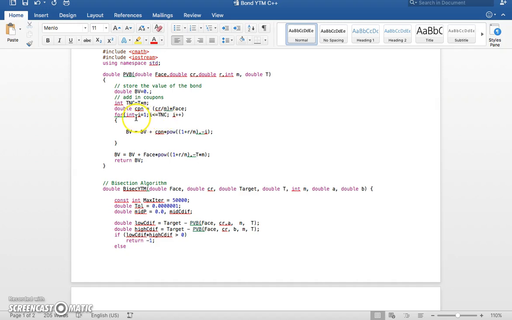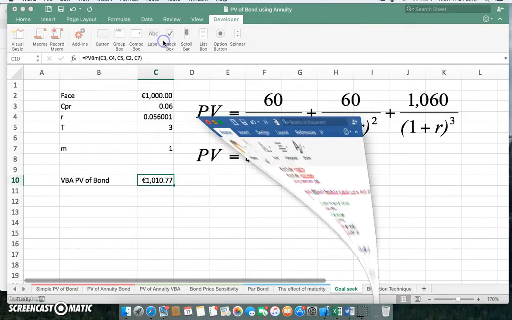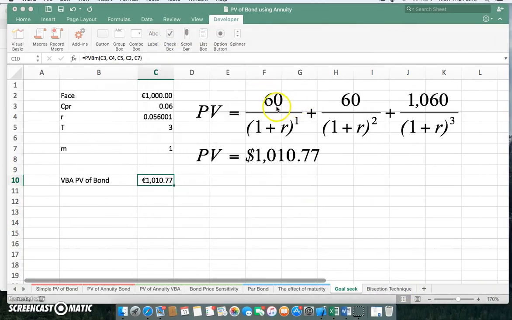And then we set out a loop. Basically we're saying, okay, we're going to loop the coupon. The coupon is happening once, twice, 3 times, but of course it could go on longer. In this case it's just for 3 years.